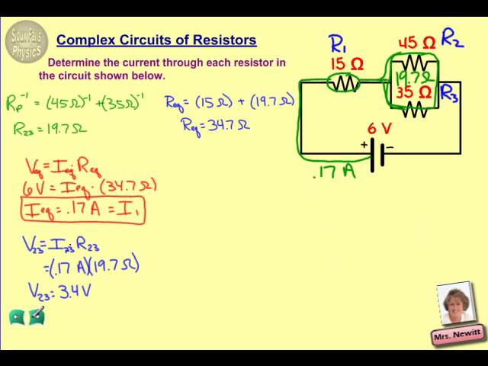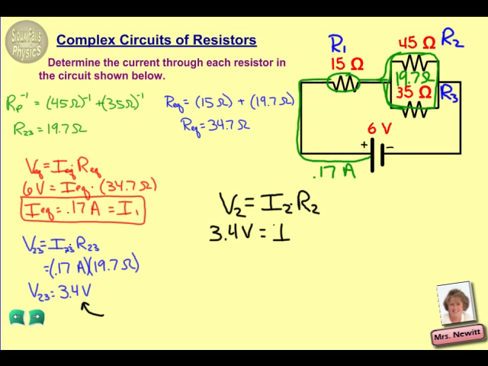Now that we have the voltage across 2 and 3 together, we're ready to break it down one step farther and apply Ohm's law to the single resistors. So for resistor 2, the voltage is 3.4 volts. And again, remember, we've labeled this 3.4 as the voltage for 2 and 3 together, but because they are in parallel, they will each get that voltage.